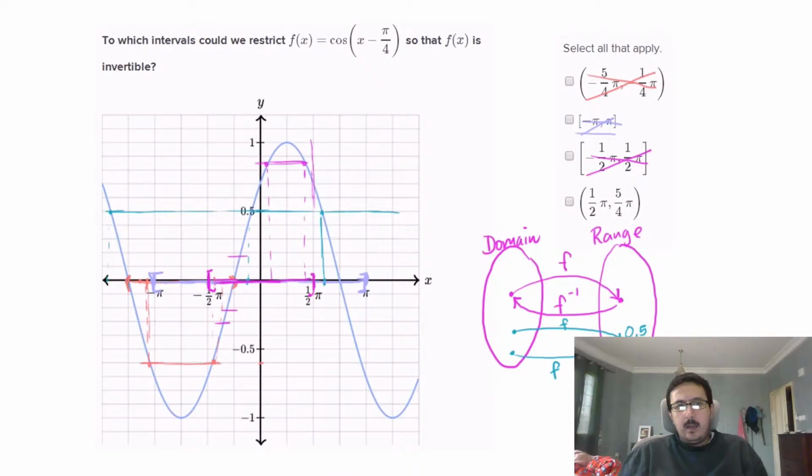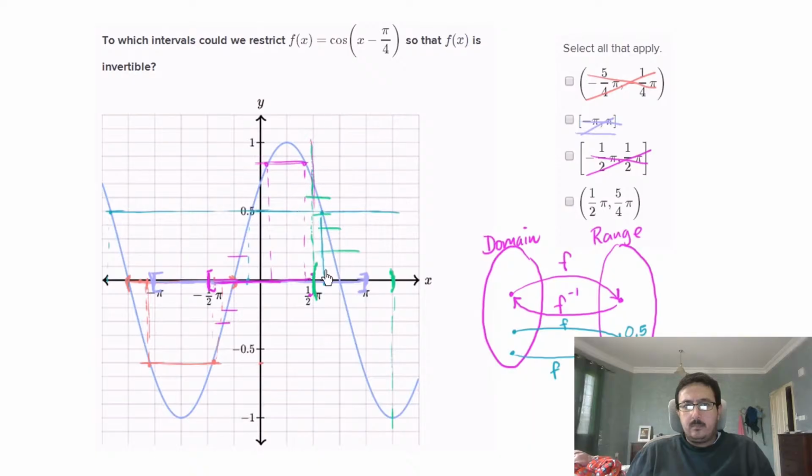And I'm left with one last choice, so I'm hoping this one will work out. So 1/2 pi, it's an open set, right over there, to 5 pi over 4. That's pi and another 1/4. If I were to look at the graph here, it seems like it would pass the horizontal line test.